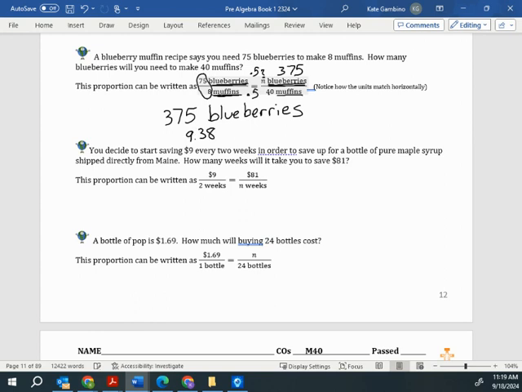So we round to that hundredths place, 9.38. What is 375 divided by 40? Beckett. 9.38. Did I do my math correctly? Yes. Okay. Double check your math so we know that we're not making simple mistakes.